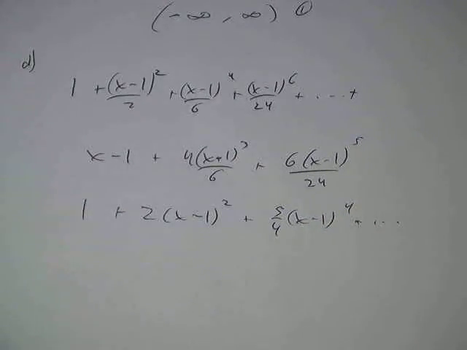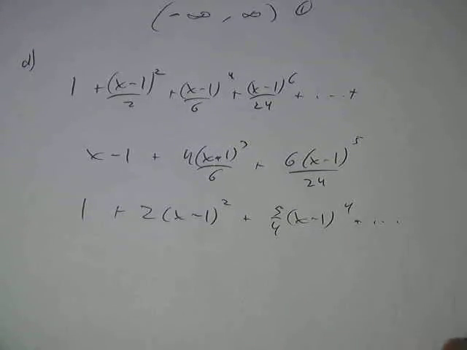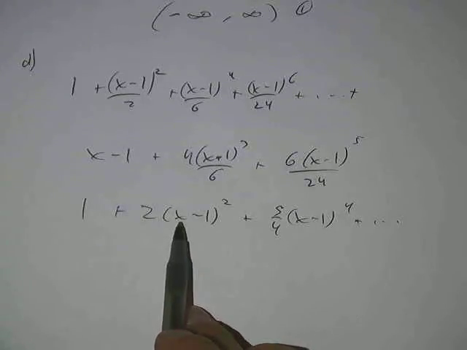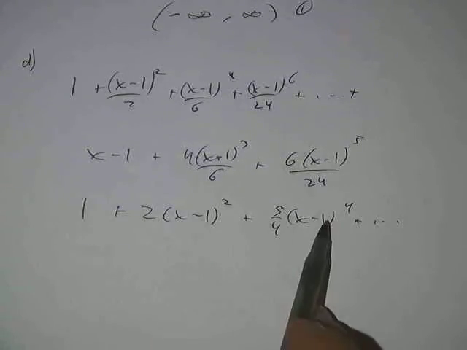The next part would be 4 (x minus 1) to the 3rd over 6. And then 6 times (x minus 1) to the 5th over 24. We may or may not need more terms than this to decide, but we'll just use these 4 terms to see if we can figure out an answer.